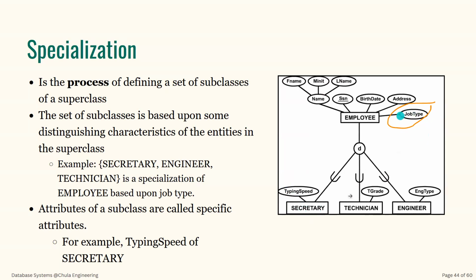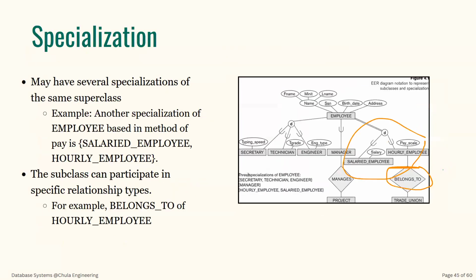If the job type says technician, you keep T grade. If job type says engineer, you keep engineering type. But if job type says other things, you don't keep these three extra ones, but just the attributes above. All right. Okay.